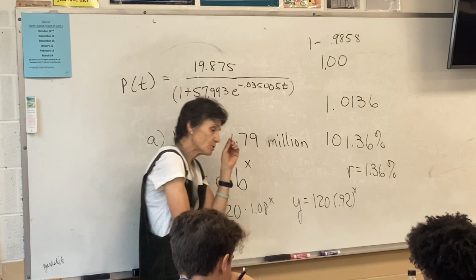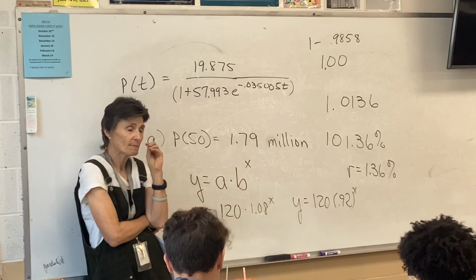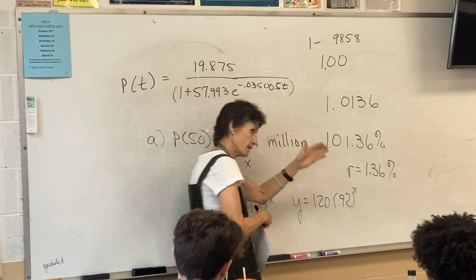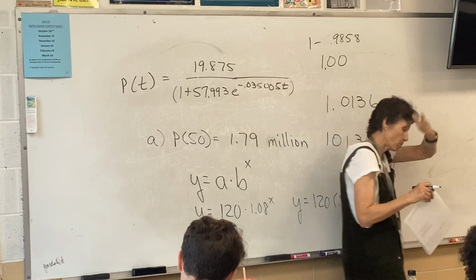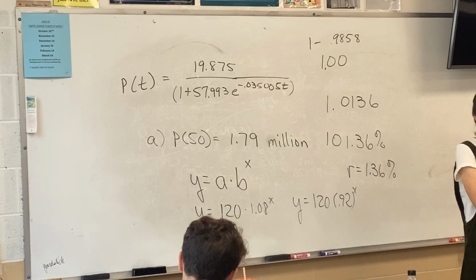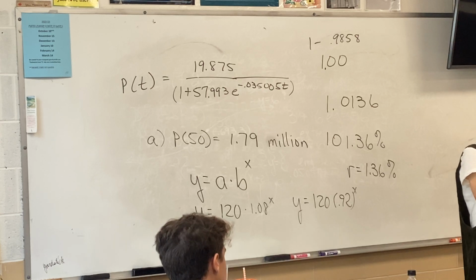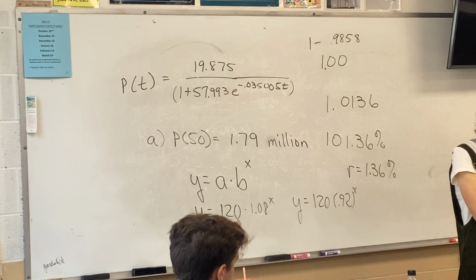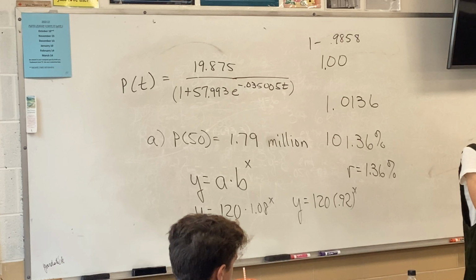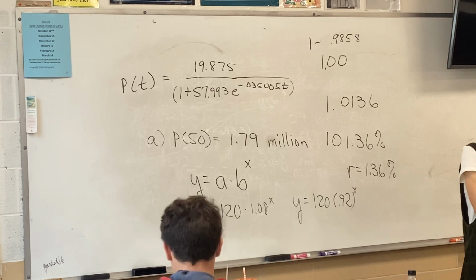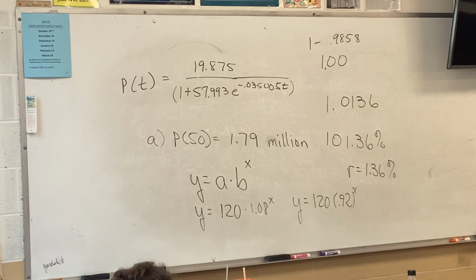Now listen to me, because this is a very common mistake. You're going to be reading along in a problem, it's going to be in a million different problems, and it says all of a sudden, the population is shrinking 2% per year. Do not multiply by 0.02. You're going to multiply by 1 minus 0.02.